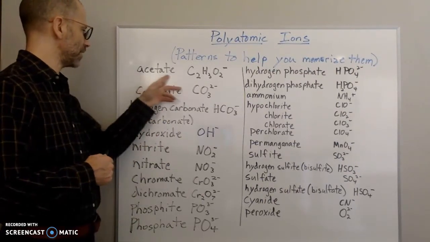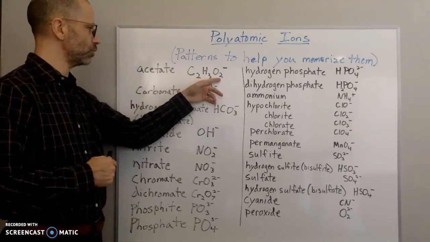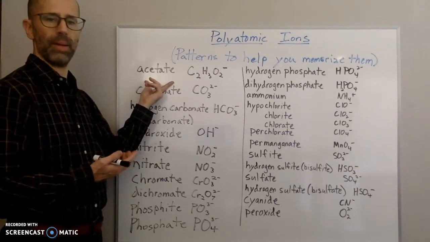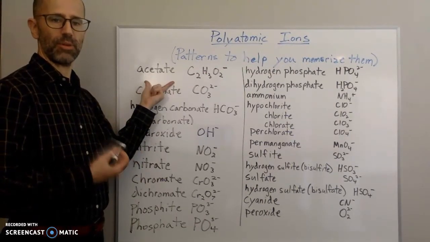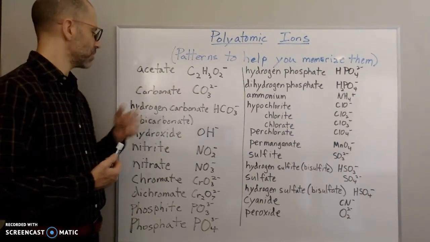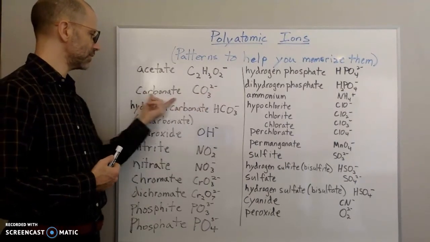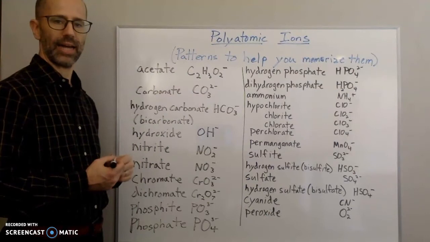For example, acetate. This is the formula for acetate: C2H3O2 minus, and it has a minus charge. You just need to memorize that. There's no way around remembering that other than just memorizing it. Carbonate, CO3 2 minus. That's going to be one where you're just going to need to remember what the carbonate ion is.